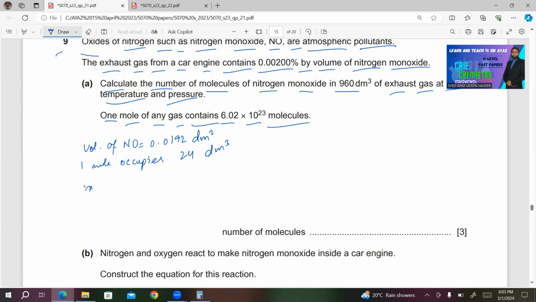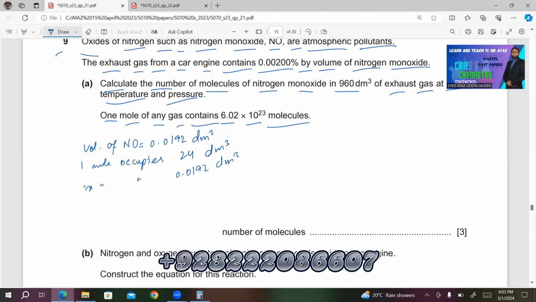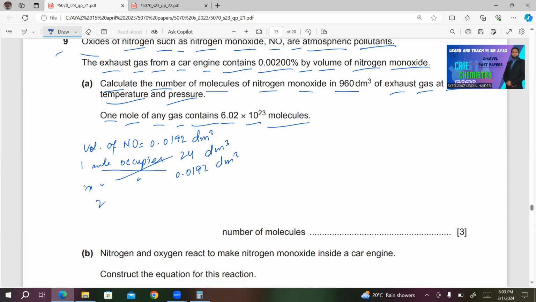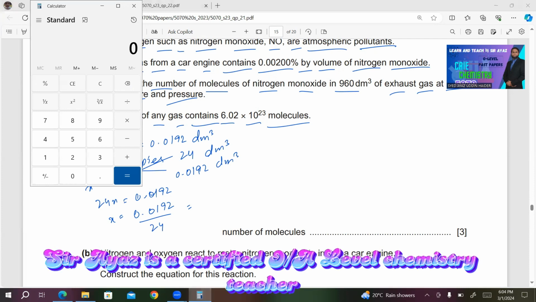So x mole occupies 0.0192 dm³. So equation will be 24x is equal to 0.0192, or x is equal to 0.0192 divided by 24.